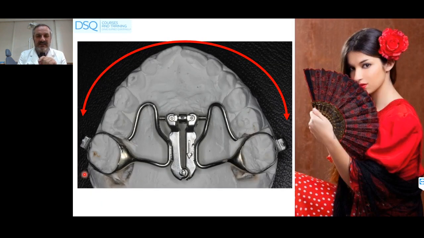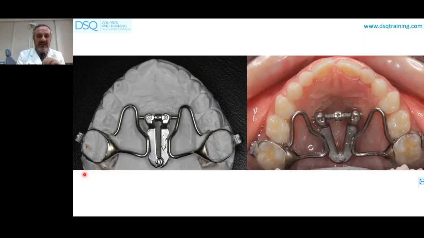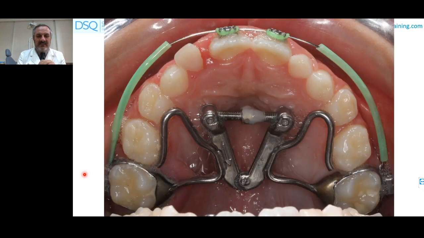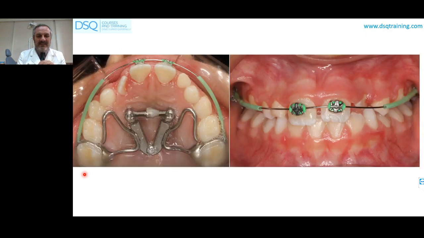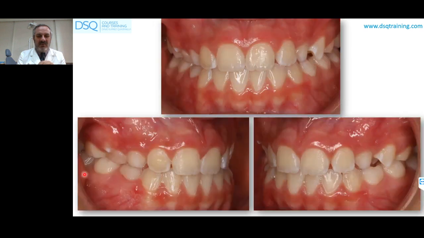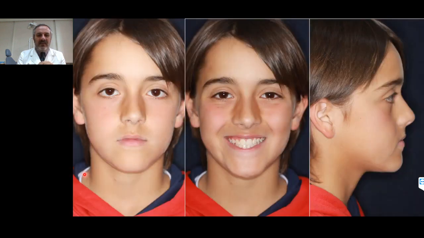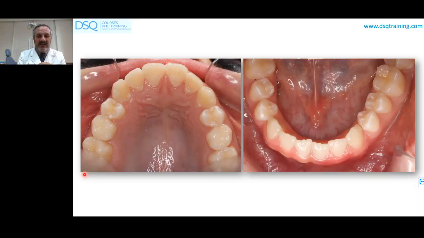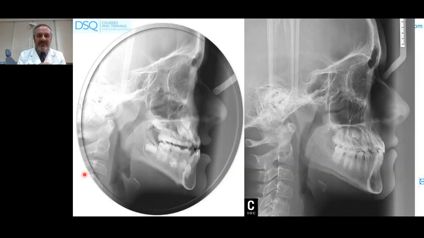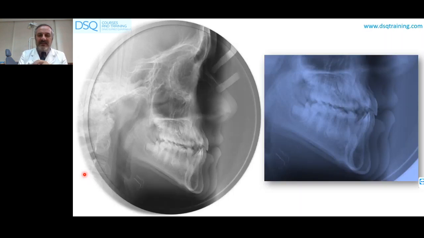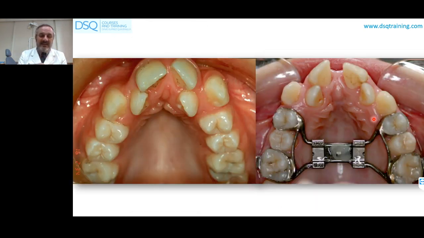For this reason, in this case, we decided to produce a severe expansion of the maxillary. You can see the expansion of the maxillary in this patient, okay? And the end of the first phase of treatment of this patient, and you can see the dramatic change of the face thanks to the use of the facial mask and the rapid maxillary expansion.